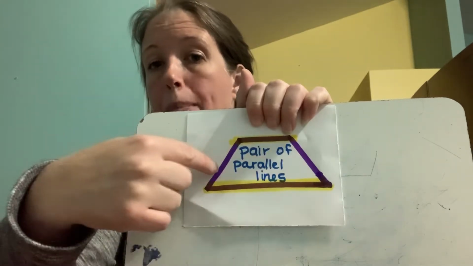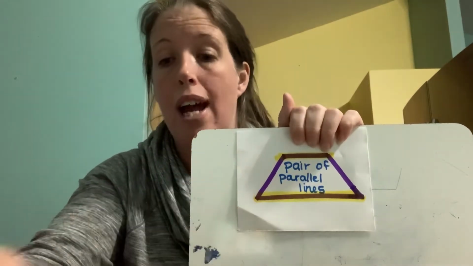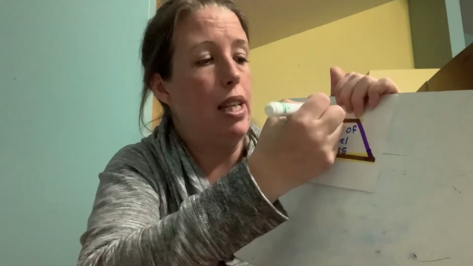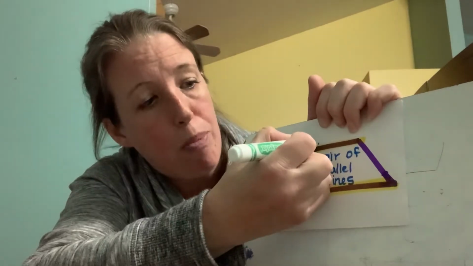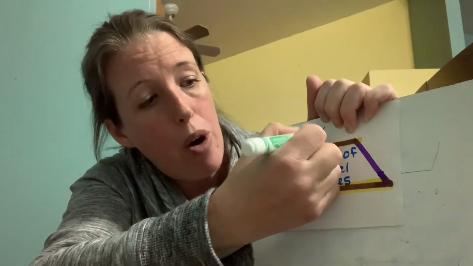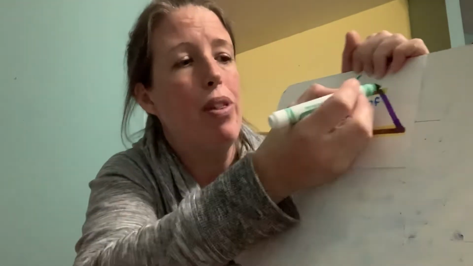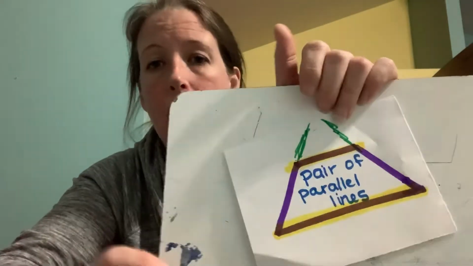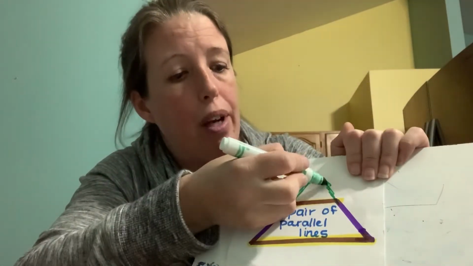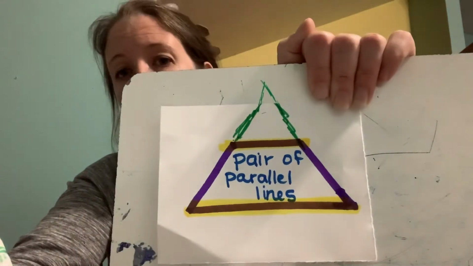Are the other opposite sides parallel? Let me see, they're not crossing right now. This side here doesn't touch this side, but I know they're lines, which means they'll continue in the same direction. So I'm going to draw a little path to see where this line would keep going in a straight line like that, and where this line would keep going in a straight line like that. And what do you notice will happen if they both continue in a straight line?